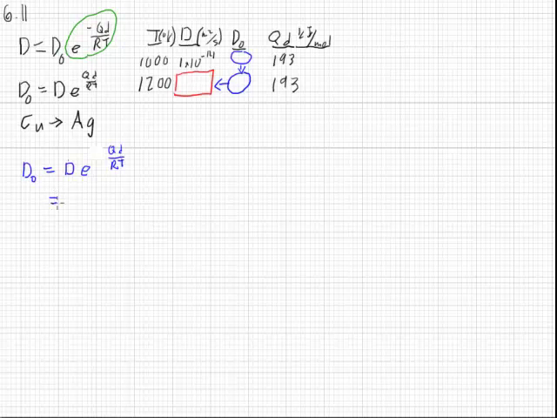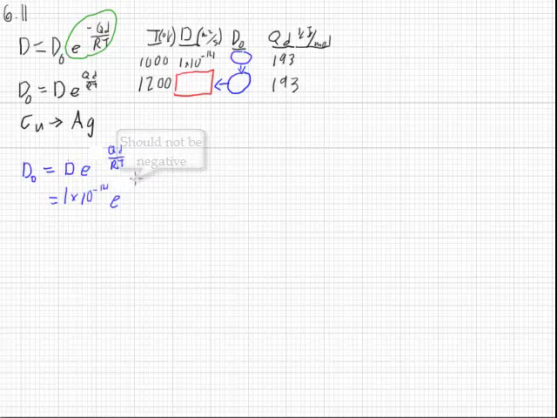And with what's given, we have 1 times 10 to the negative 14th times e to the negative QD.